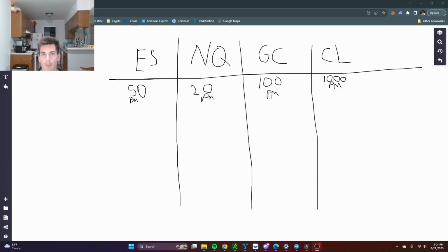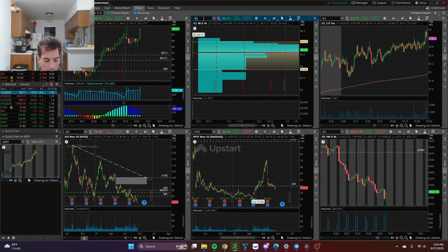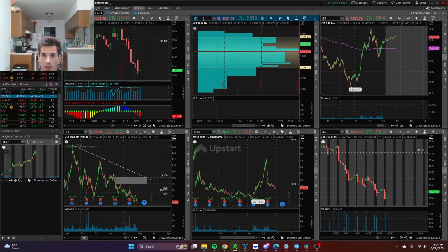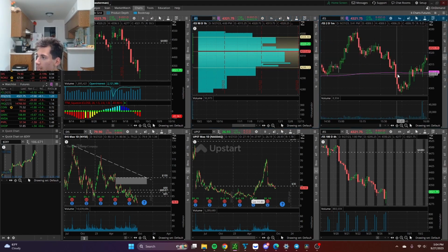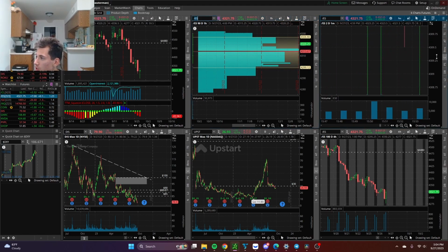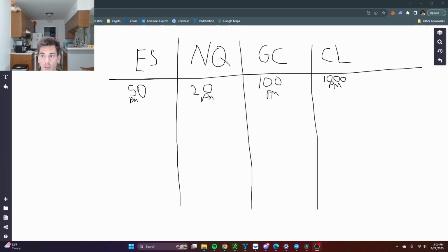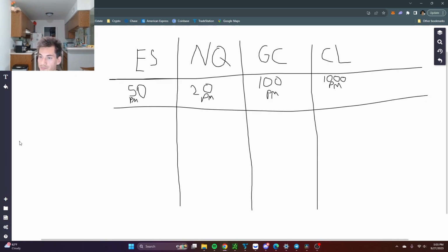Now, let's talk about what each value is for a tick. So on ES, remember the lowest tick, or the lowest increment of difference that it can trade at is, let's go to a really small example here, 0.25, 0.5, 0.75, or double zeros. So that's 4 different prices that it can trade at.